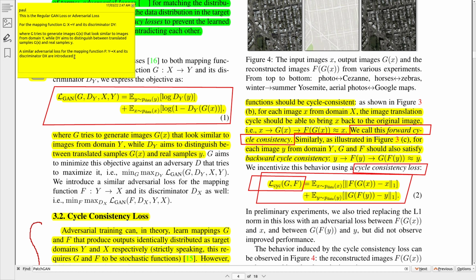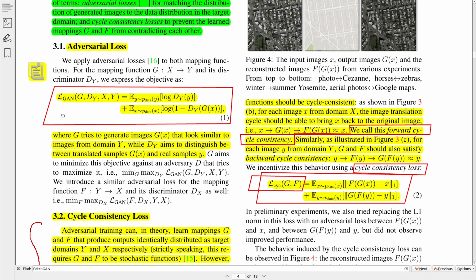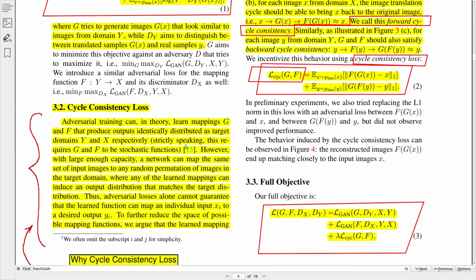And similar adversarial loss for mapping function F, which maps from y to x, and the corresponding Dx are also introduced here. So this is a regular GAN loss, and I have two of them because I have two generators. And then I have cycle consistency loss, all this discussion that we had a minute before.